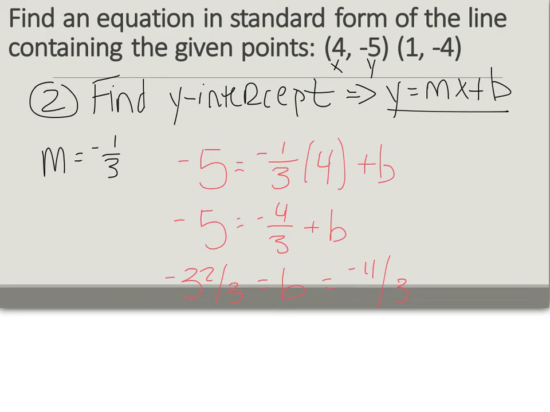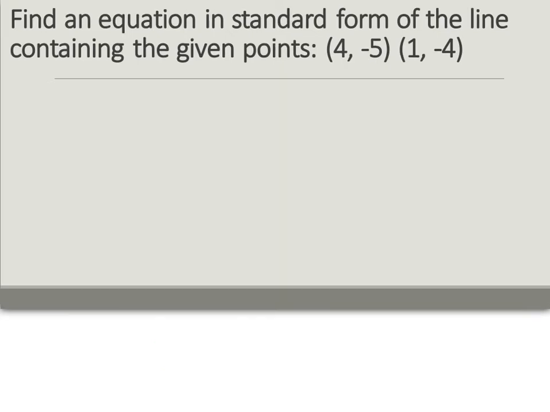So my equation in slope-intercept form, y is equal to, my slope was -1/3 x, my y-intercept was -11 over 3. So I'm going to take this finally, and we're going to rearrange things to put it in standard form.